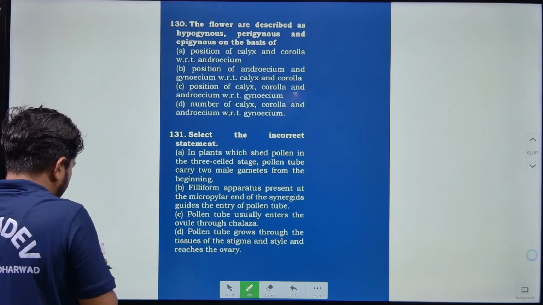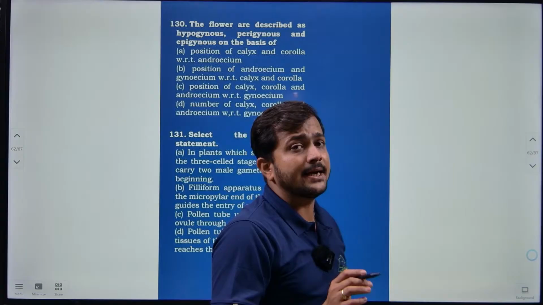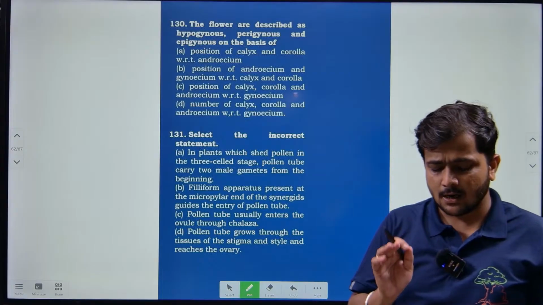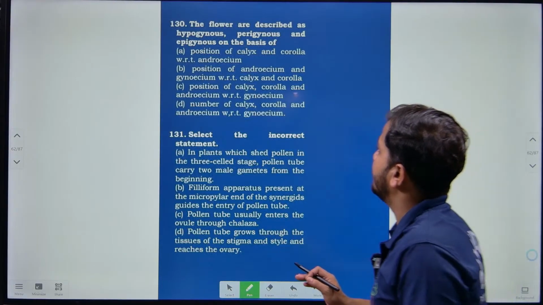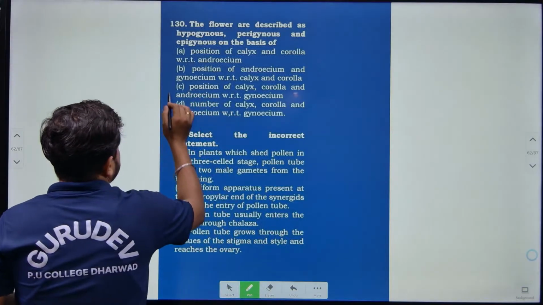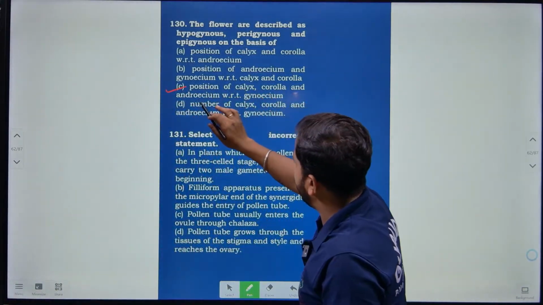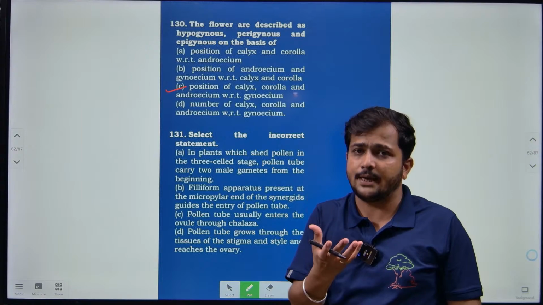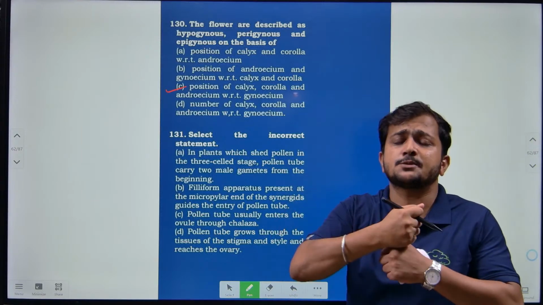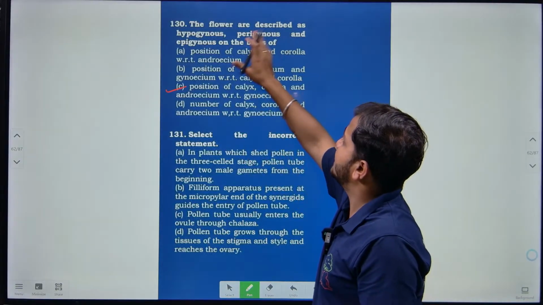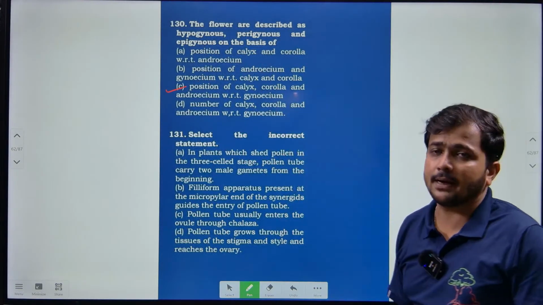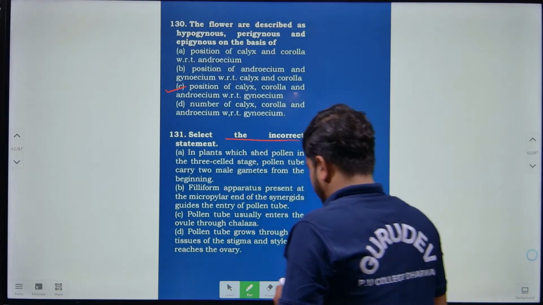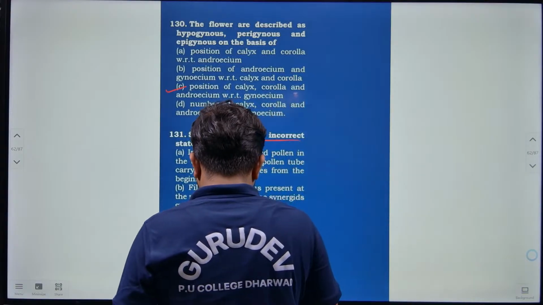So according to that, flowers are described as hypogynous, perigynous, and epigynous on the basis of the position of calyx, corolla, androecium with respect to the gynoecium. So here option C is correct. With respect to the gynoecium only, we are finding the ovary's position, and that itself describes the hypogynous, perigynous, and epigynous type of flowers, right? Then select the incorrect statement. So we have to select the incorrect type of statement.